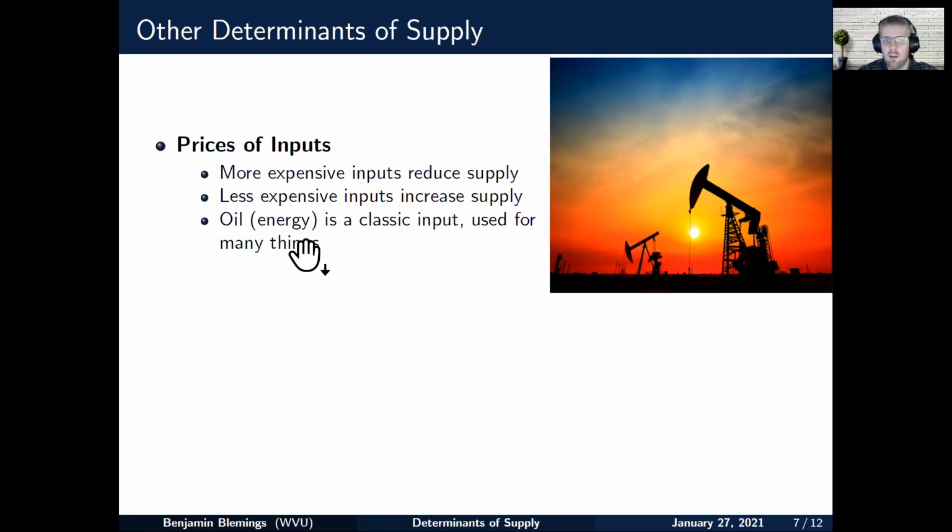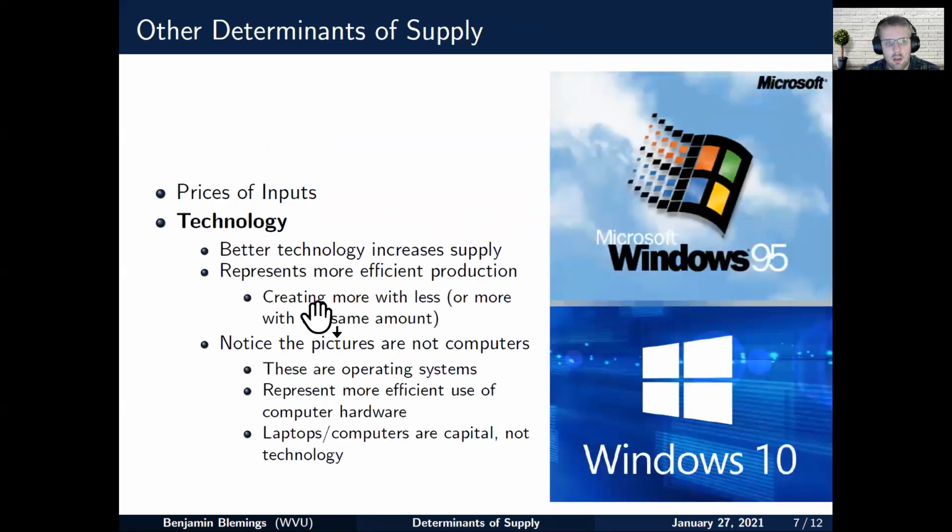As inputs become less expensive, then you reverse that. And the most well-known or widely used input for processes is energy. So oil or energy is thought of as a very typically used input.